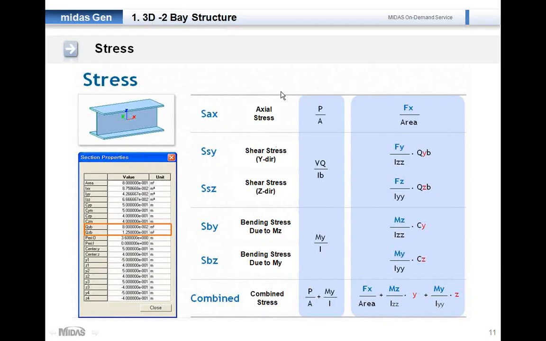SAX is axial stress, SSY, SSZ is shear stress, Y direction and Z direction. SBY and SBZ is bending stress due to MZ and MY. You can see the formula in here on your right side.